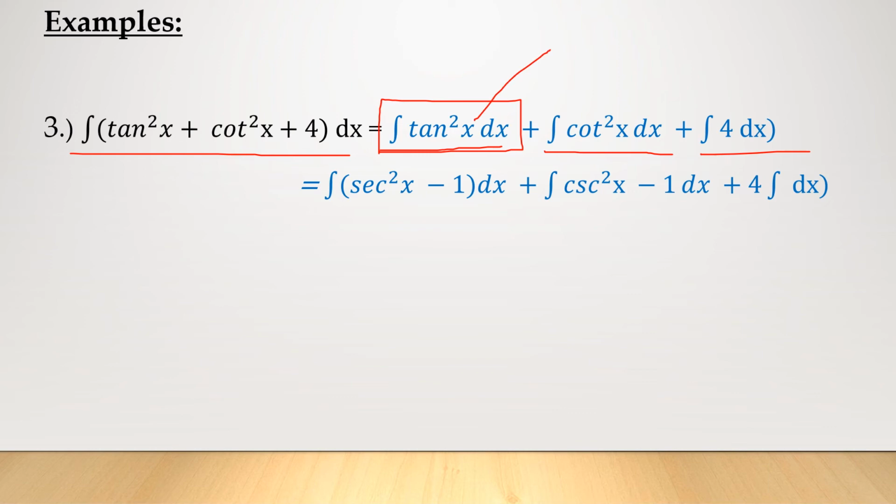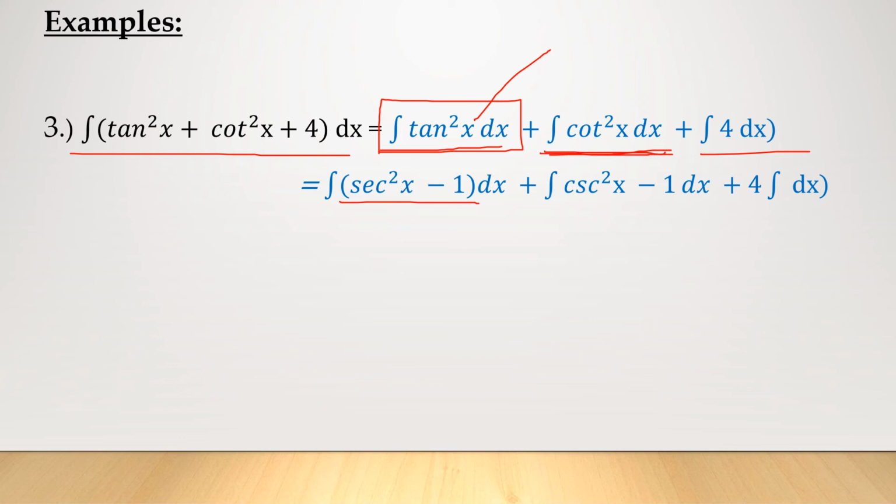So we have to rewrite this one and get its trigonometric identity. One of its trigonometric identities is secant squared x minus 1. The same goes for cotangent squared x, which also has no direct equivalent integral.